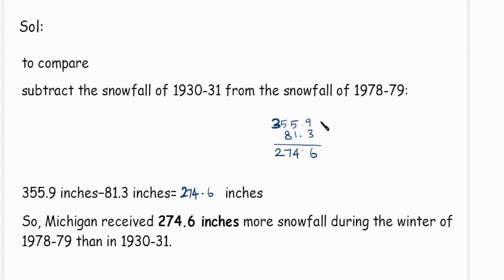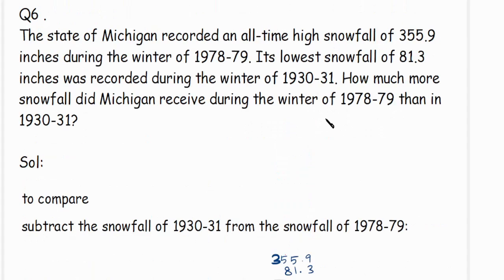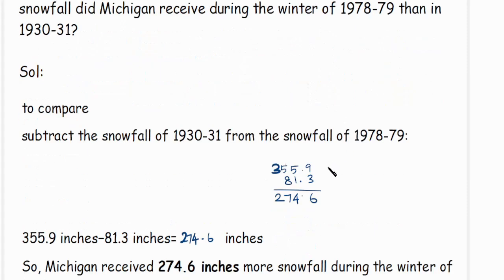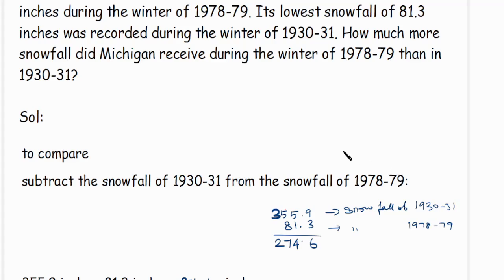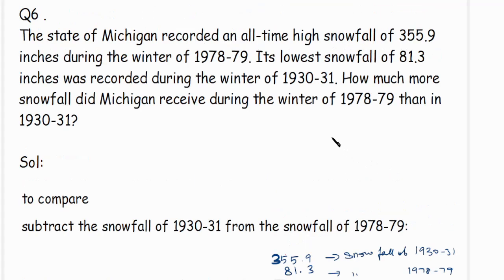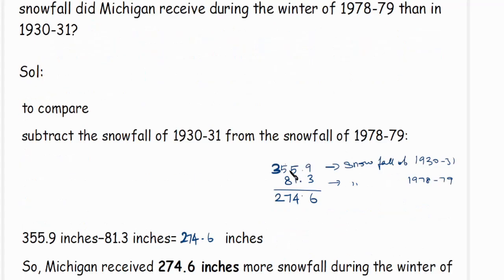So this is the snowfall of 1930 to 31, and the same thing, the snowfall of 1978 to 79. Okay. Now we have to subtract from this one to this one.